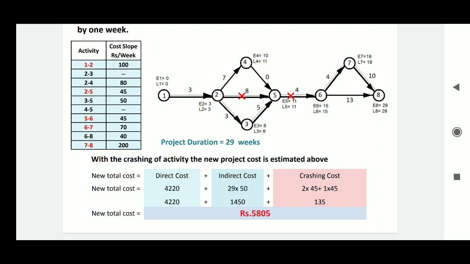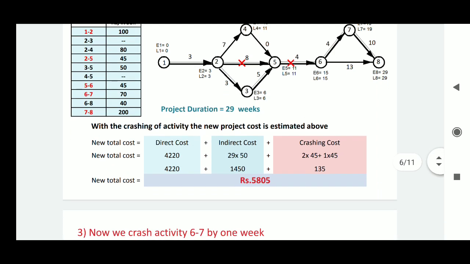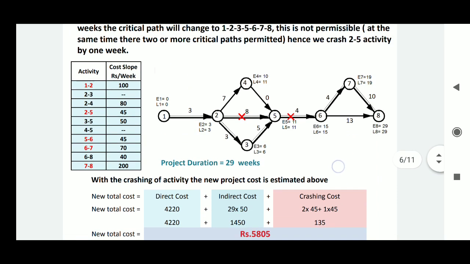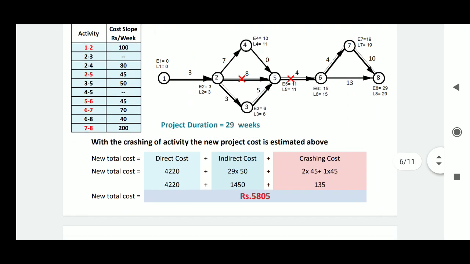Again, now we are taking 1 week, 1 multiplied by 45, that is rupees 135. Now the total is 5805. Thus we have reduced the duration from 32 to 29, and the cost is reduced also, that is 5805.